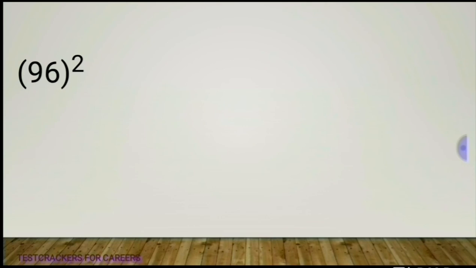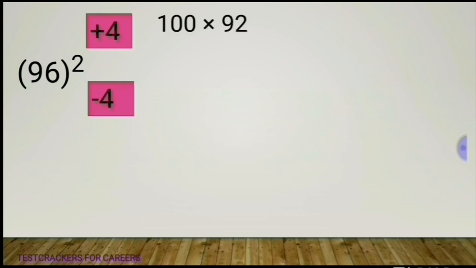Now let's find the square of 96. Which is the nearest tens to 96? Yes, it is 100. And the difference between 96 and 100 is 4. So we are going to add and subtract 4 from 96. We get 100 by 92. Since the base is 10, we divide 100 by 10.